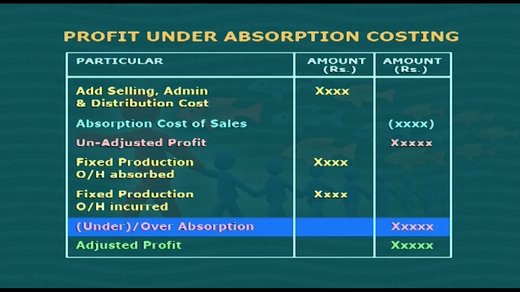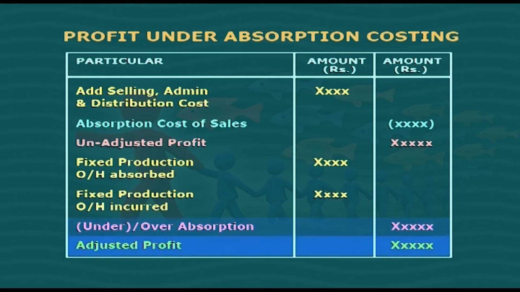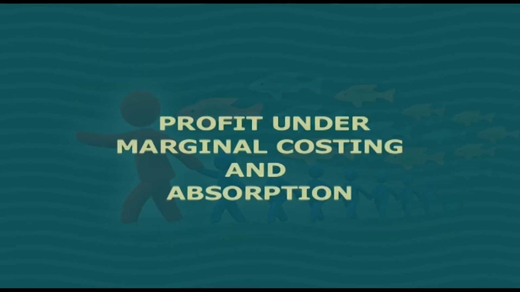That will give you under or over absorption, and then in totality it will give you adjusted profit. This is all calculation related to profit under marginal costing and profit under absorption costing.